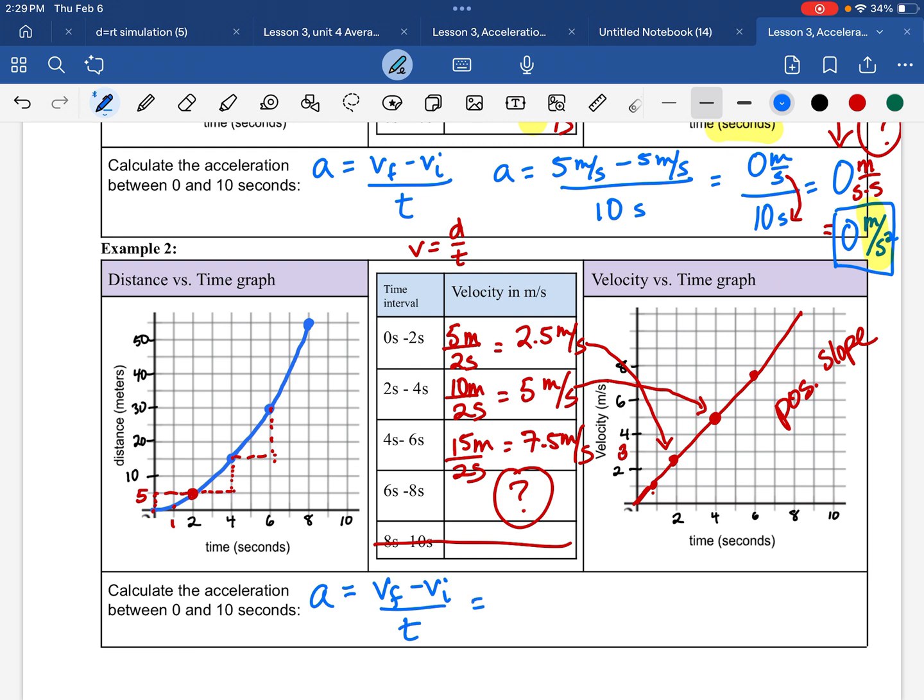The final velocity, I guess we didn't do this one, and if you did this correctly, you would have got 10 meters per second. So it would be 10 meters per second minus 2.5 meters per second divided by 8 seconds. So we get 7.5 meters per second divided by 8 seconds, and that's going to be, I don't have my calculator out. You guys will work that out. It's a little less than 1 meter per second squared.